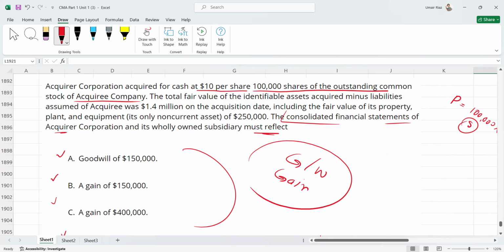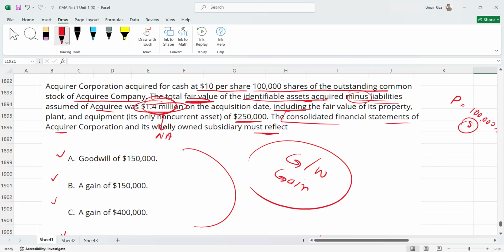Then they're saying the total fair value of identifiable assets acquired minus liabilities assumed was 1.4 million. Actually, it is the net asset value because assets minus liabilities is net assets. We need net assets at fair value. They're saying this includes the fair value of its property, plant and equipment, its only non-current asset, of 250,000. So now you have to calculate the consolidated financial statements of the acquirer.